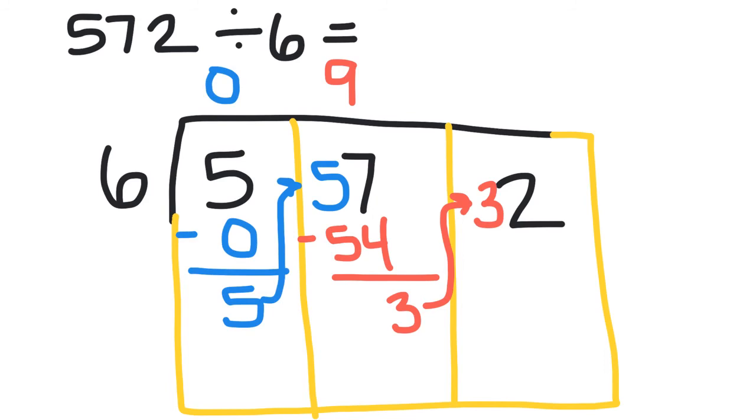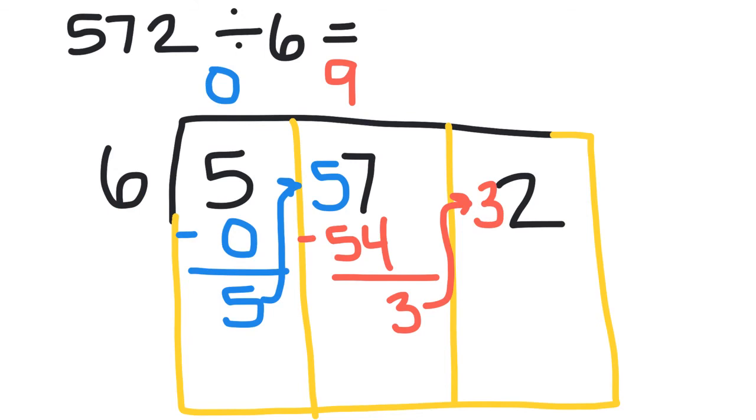And now I need to ask myself, how many 6s can I fit into 32? 4 6s is 24. 5 6s is 30. 7 6s would be too many.